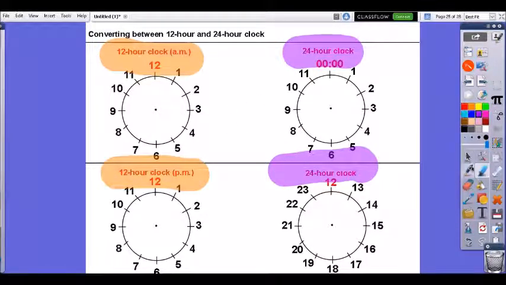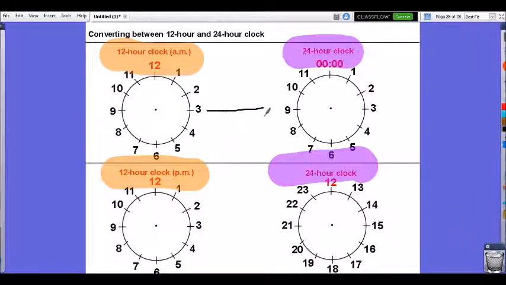Everything here just stays the same. Nothing changes, 1 is 1, 3 is 3. If it's PM, we add 12. 3 becomes 15, 9 becomes 21. The minutes stay the same, only the hours change.